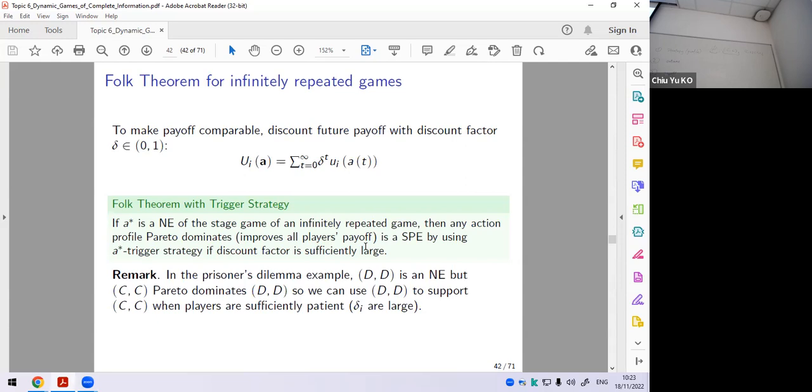And if the players are patient enough, this will be a subgame perfect Nash equilibrium.